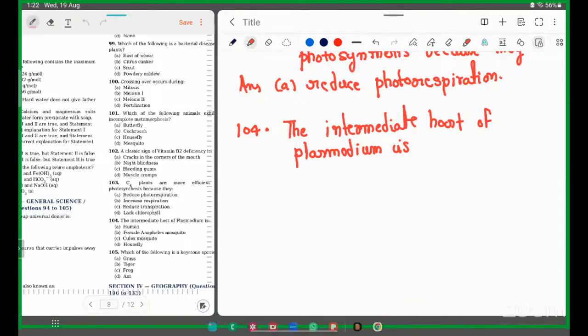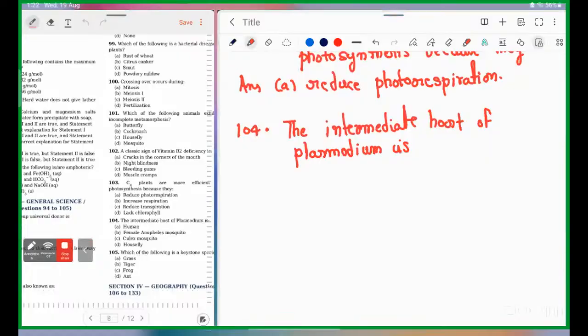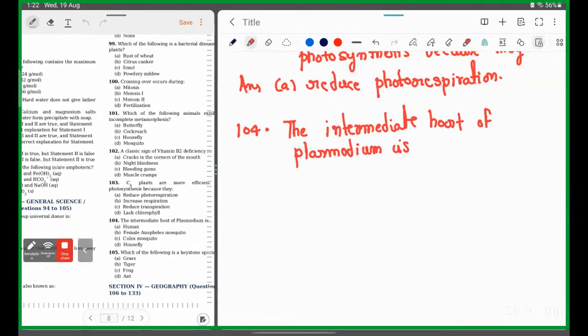So the host of plasmodium is the human. In the life cycle of malaria parasite, the human acts as intermediate host where asexual reproduction takes place, whereas female Anopheles mosquitoes serve as definitive host where sexual reproduction occurs.